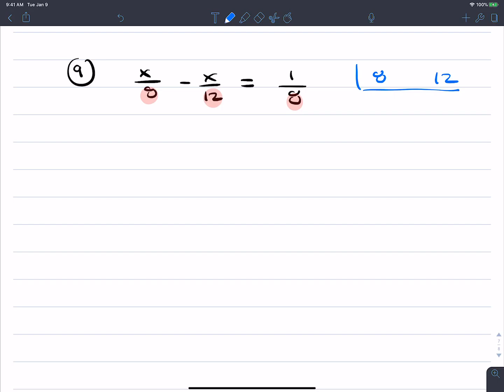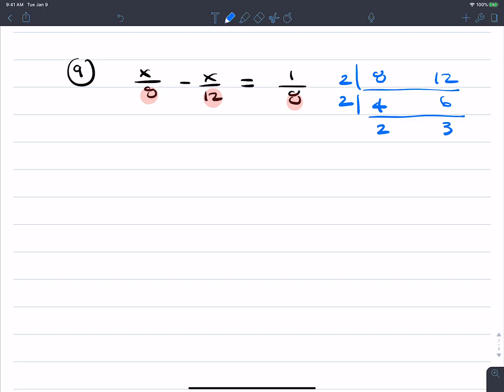So give me a prime that goes into both of these numbers. 2. Good. 2 goes into 8 how many times? 2 goes into 12 how many times? Good. Repeat the process. 2 goes into 4 how many times? 2 goes into 6 how many times? Oops, sorry. This is 2 and this is 3.